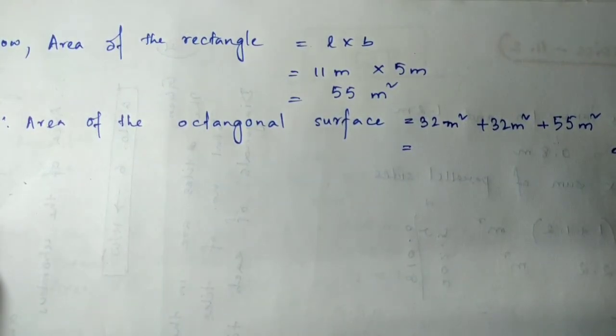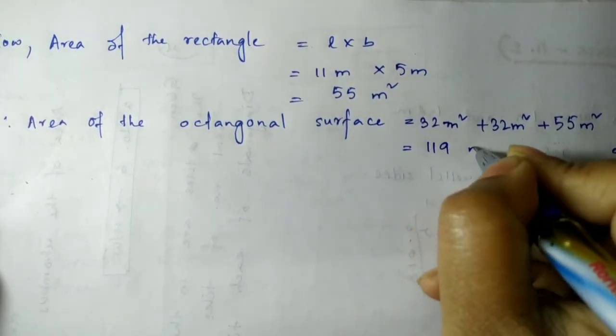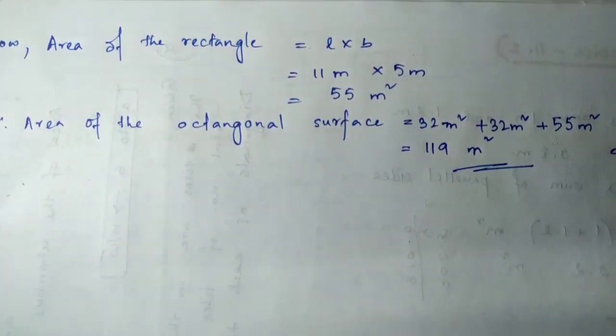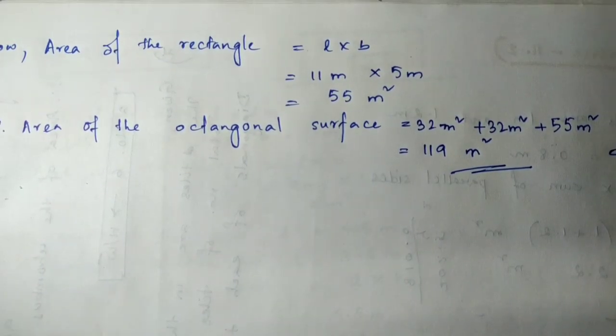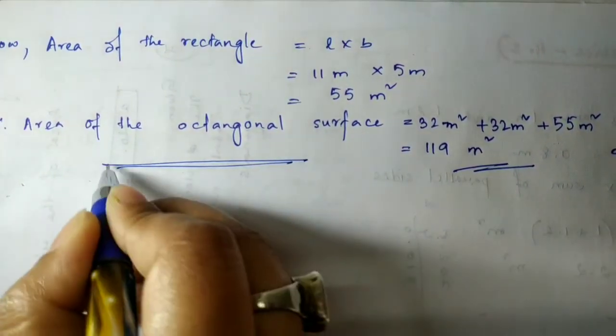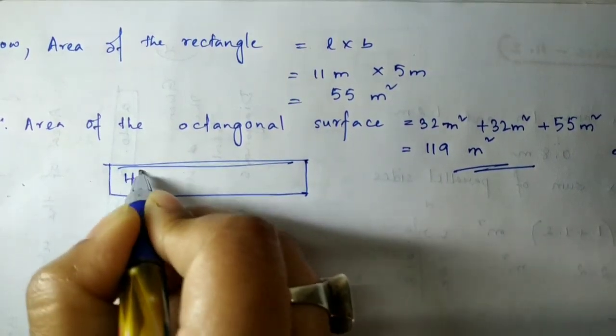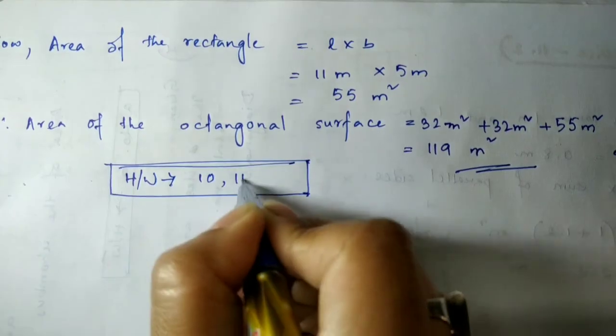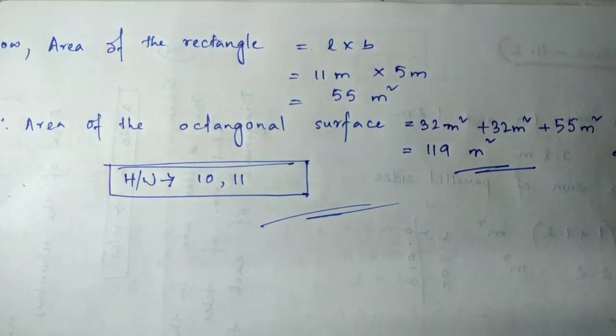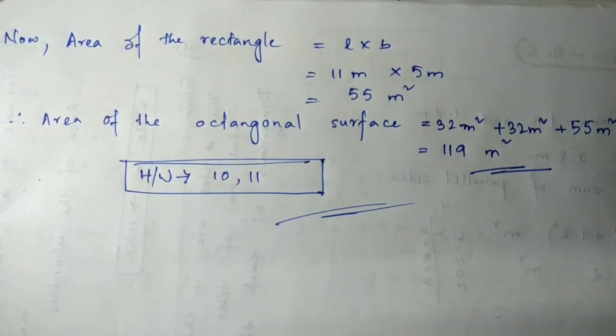So it will be equal to 119 meters square. Okay, so this is your answer. In a similar way, I would like you all to try finding the last two sums. Try to solve them. If you are unable to do it, obviously I will help you. Just use the simple trapezium and rectangle areas.